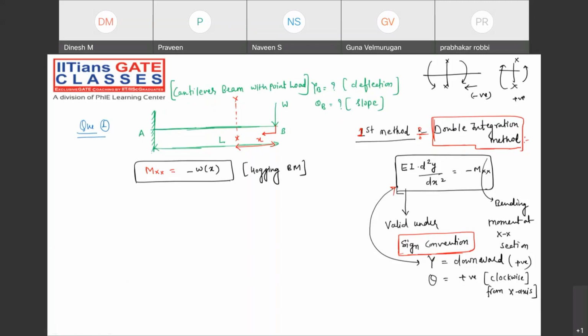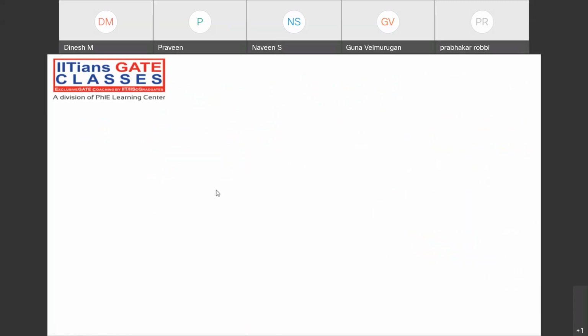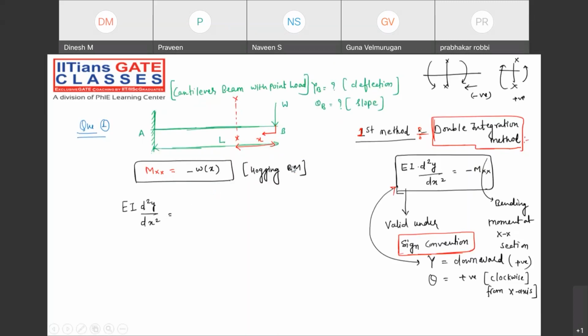Correct. Now, try to understand. After this, there is one important thing that we need to keep in the formula. EI d square y by dx square is equal to minus of Mxx. That will become, minus and minus will become plus. This minus and this minus, already there in the formula, will become plus. Now do the integration.